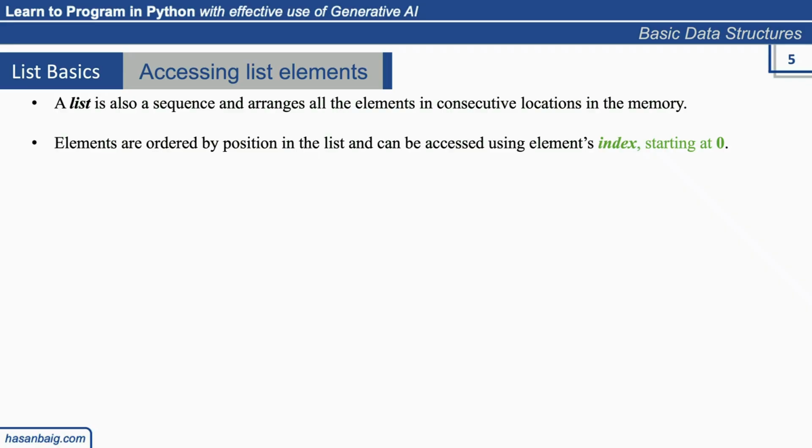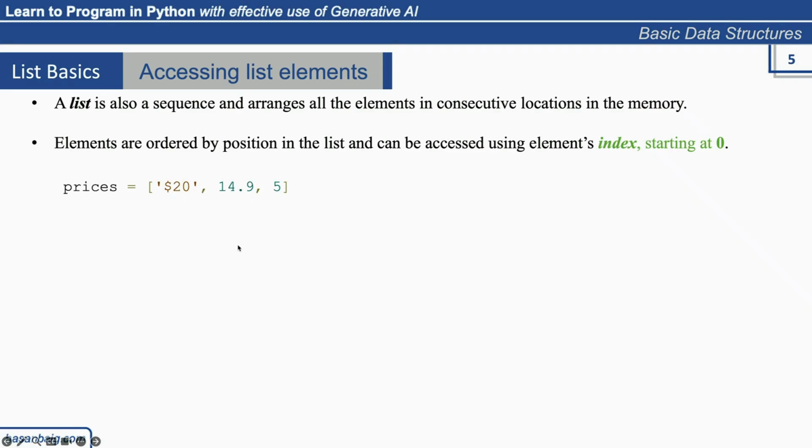And in programming languages, all structures, all containers like arrays in C, C++, Java, they all start their indexing and counting from 0. Okay. So always remember this, because many students get confused about what is the 0th element, what is the first element.